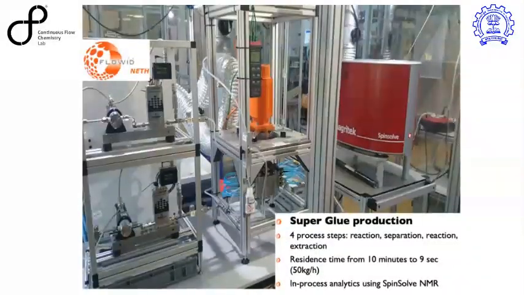It is important to note that flow reactors can also handle highly viscous and sticky products, as commonly found in polymer production setups. This is an example wherein the production of a superglue using the spinning disk reactor was carried out successfully.